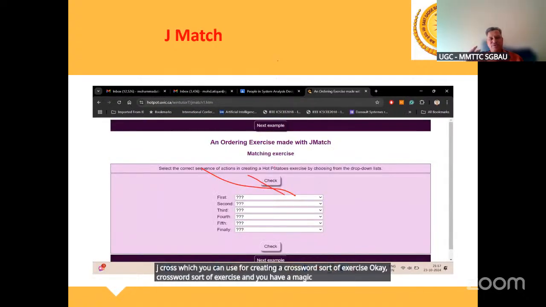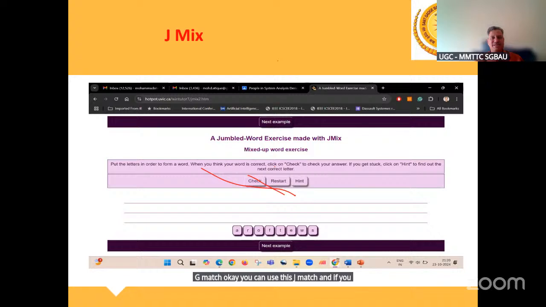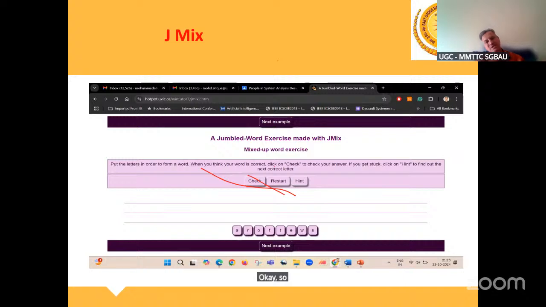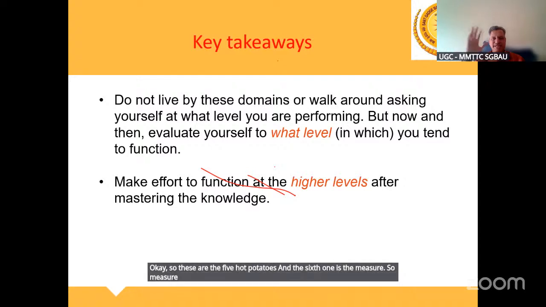If you want to create a jumbled word exercise, you can very well use JMix. So these are the 5 Hot Potatoes, and the 6th one is the Masher. Masher can be used for creating one unit of all those 5 exercises you have created.